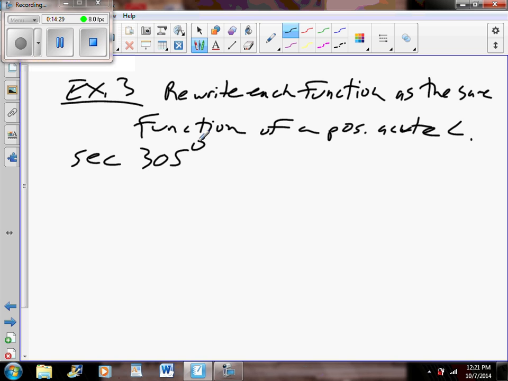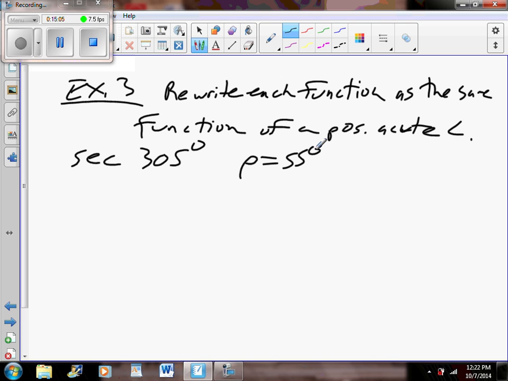Which quadrant? 4. How far off the x-axis am I at 305 degrees? 55 degrees. So my reference angle, rho, is equal to 55 degrees. Now, secant, do I associate this with sine or cosine? Cosine, yeah.